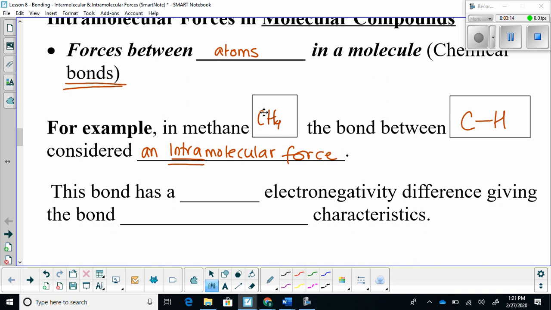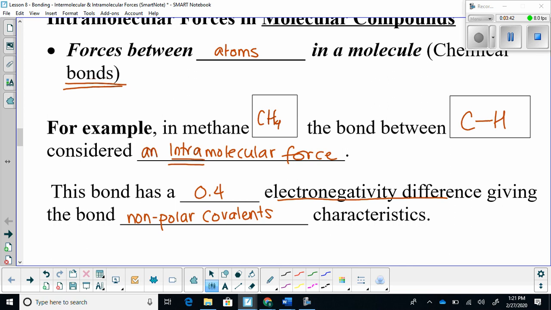Okay, this bond between carbon and hydrogen has a 0.4 electronegativity difference, giving the bond nonpolar covalent characteristics.